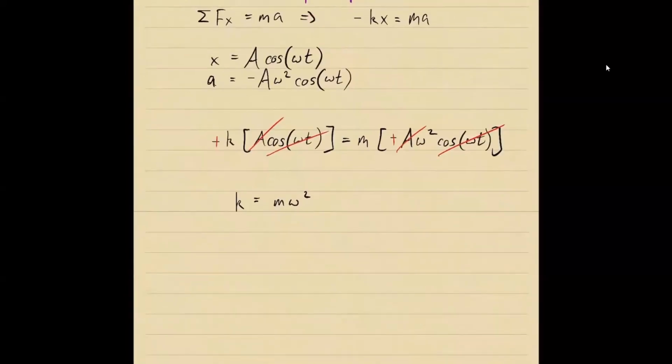So alternatively, if we solve this for omega, the natural frequency of vibration for a spring or a pendulum or whatever, that's going to be equal to the square root of the spring constant k divided by the mass.